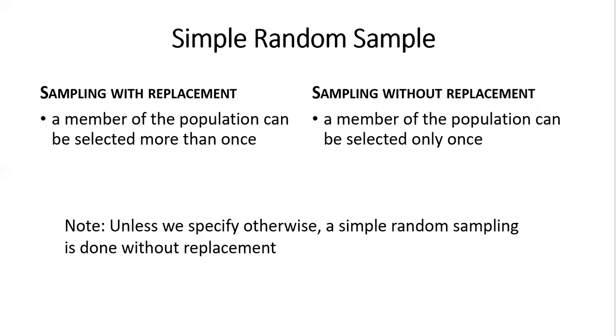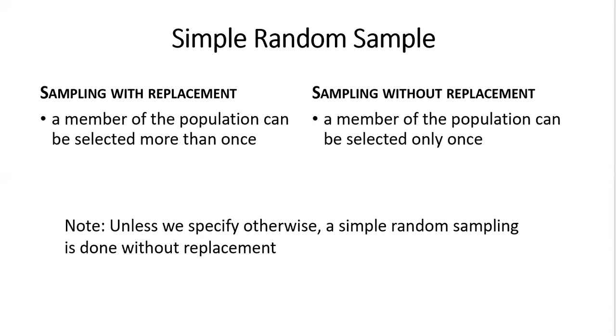Now, when we're talking about this technique, we have 2 options: sampling with replacement and sampling without replacement. Sampling with replacement is when I pull a person's name out of a hat, then I put it back into the hat so it could be chosen again. In certain situations, it's appropriate, and in other situations, it's not appropriate.